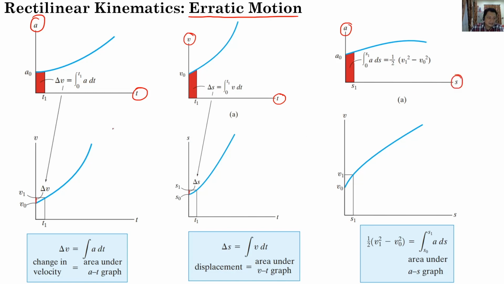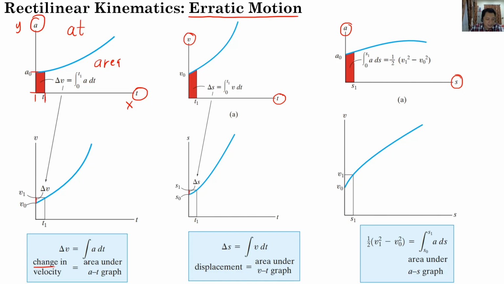If you look at all these curves, they have area. So A times T. This is the Y axis, this is the X axis. So the area under the curve is like this length multiplied by this length, so it's like A multiplied by T. The area under the AT graph gives you the change in velocity.